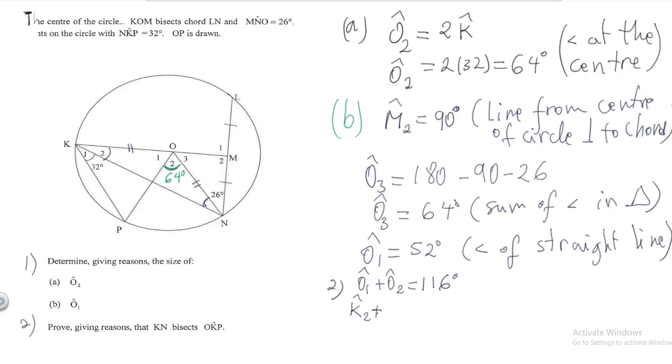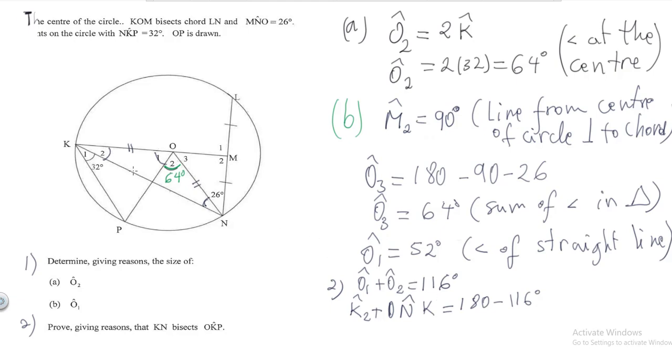plus ONK should be equal to 180 minus 116, because the total of the angle here, these two angles give us 116, okay?